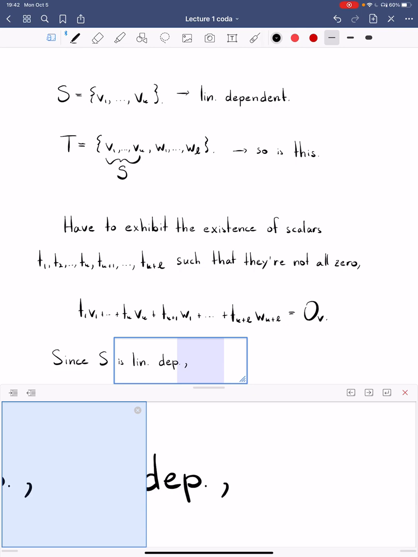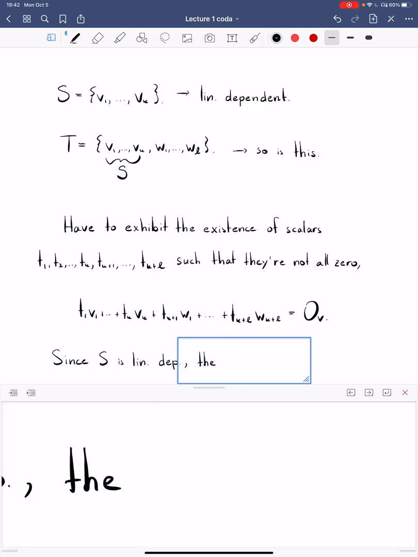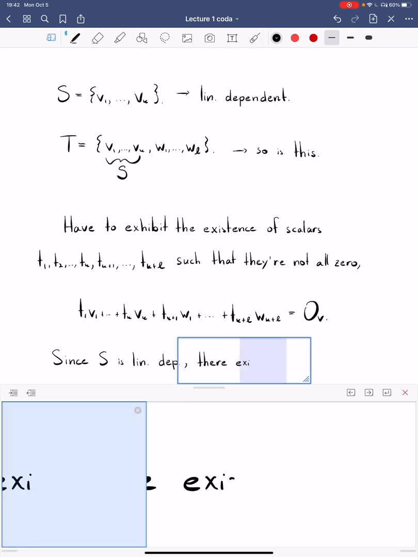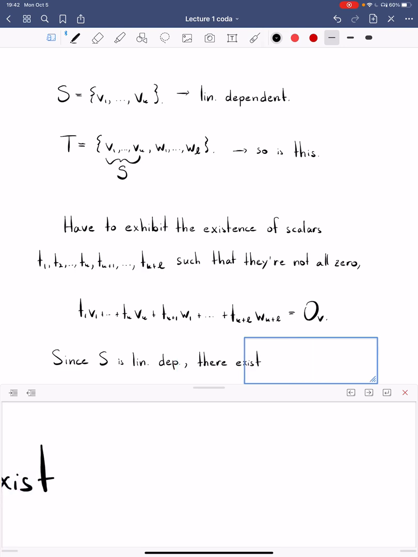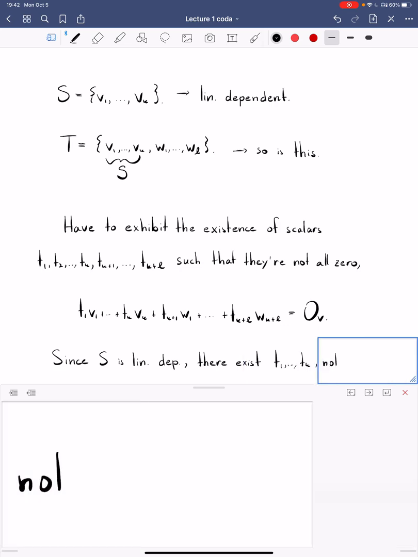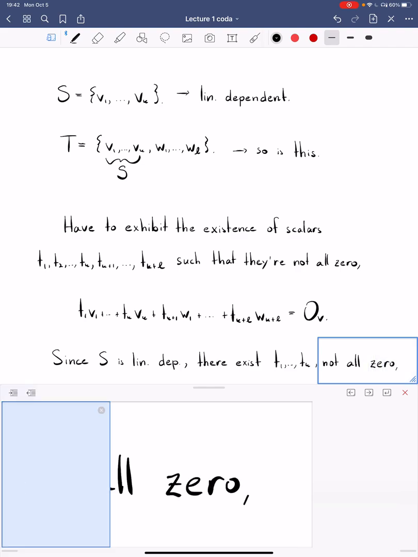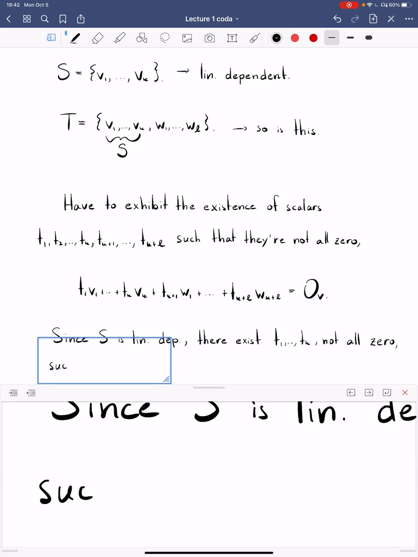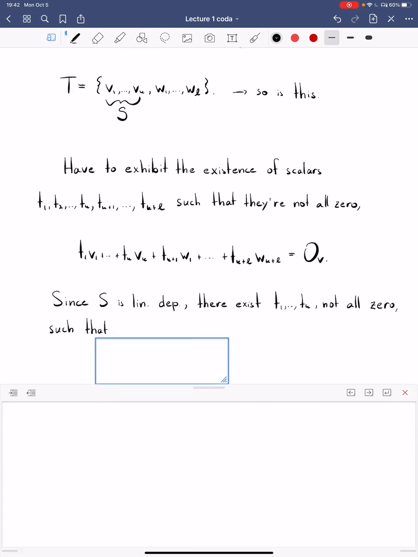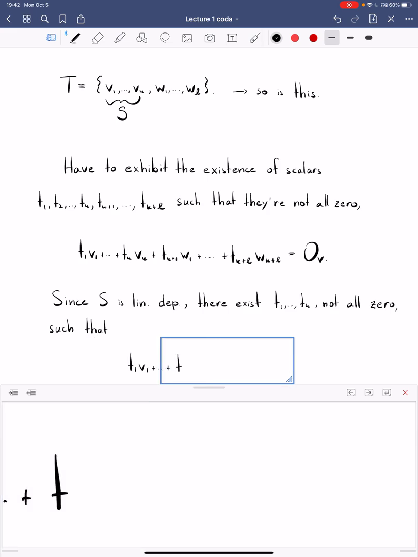So since S is linearly dependent, there exist t1 through tk, not all 0, such that t1 v1 plus up to tk vk is equal to the 0 vector.